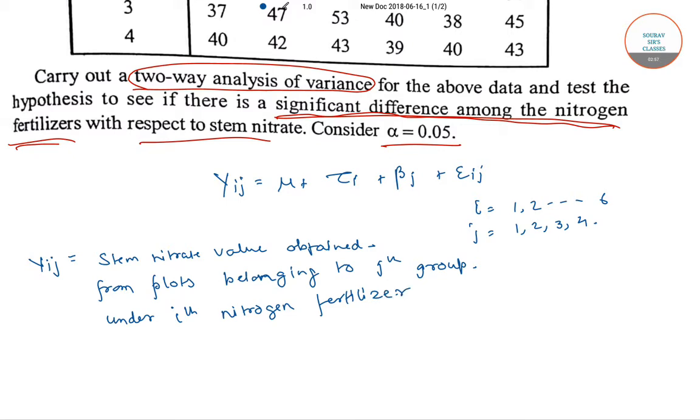So Yij is the stem nitrate value obtained from the plots belonging to the jth group under the ith nitrogen fertilizer.